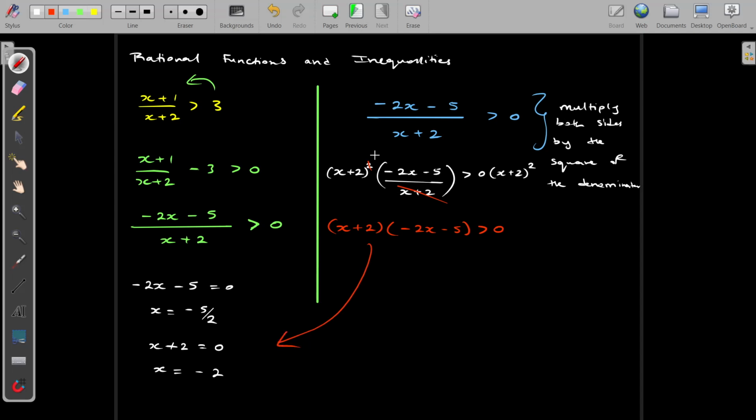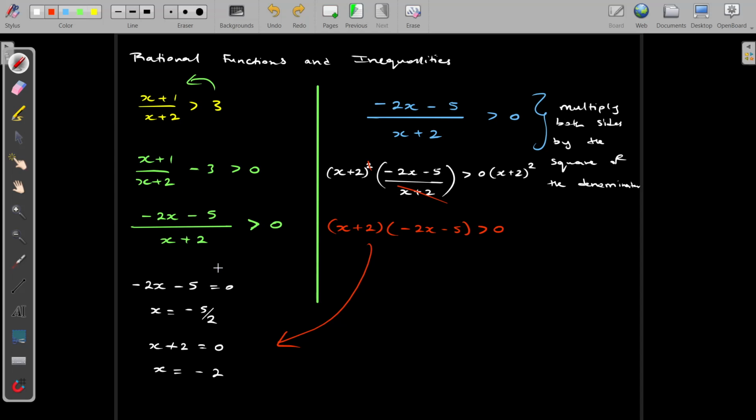So I think this method is a bit unnecessary per se, because if we're able to simplify our fractions like what we did here, we should be fine. We don't need to multiply by the square on both sides if we can easily simplify our fraction here.